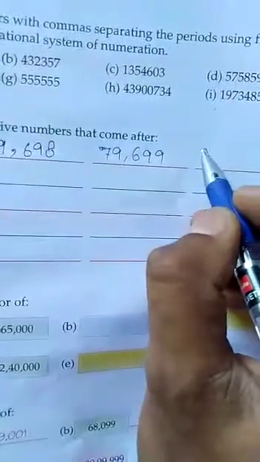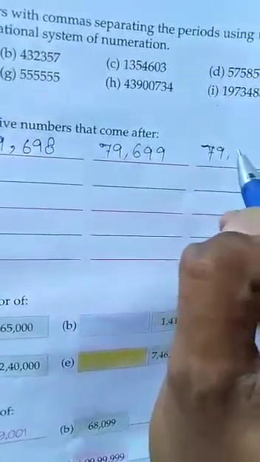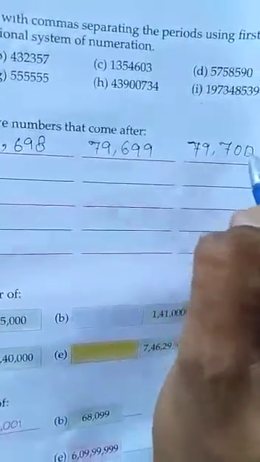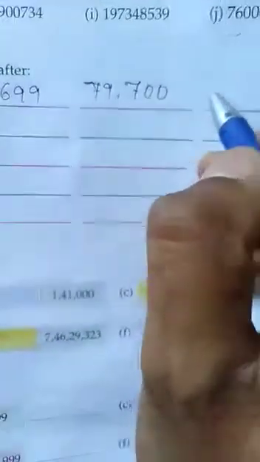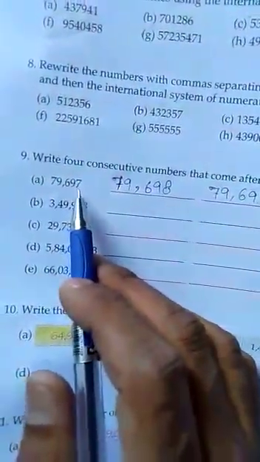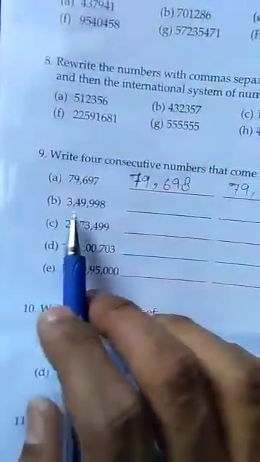After this number, 79,700, and now add 1 to this number, 79,701. So these are 4 consecutive numbers of 79,697. Now we will do question number B.